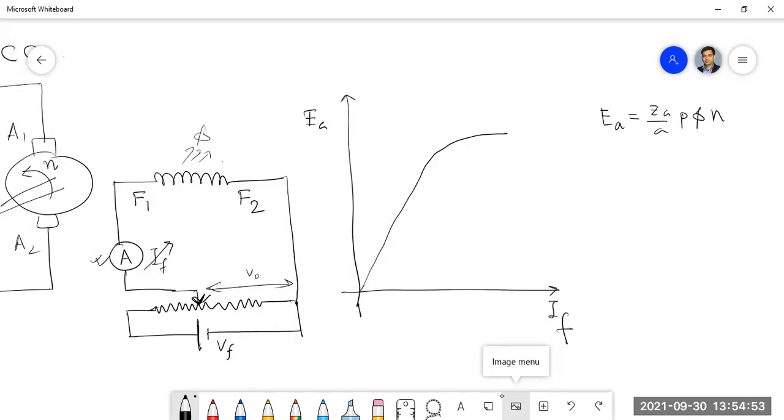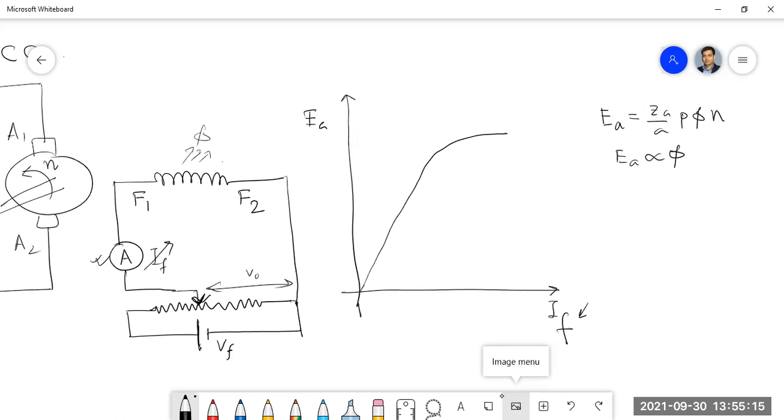N is the rated speed and is fixed, so N is also constant. So EA will be directly proportional to phi. But here phi is not our variable of interest. That is IF. So we have to take IF.